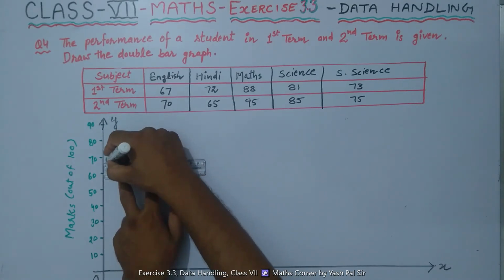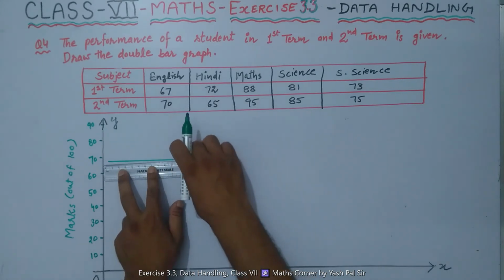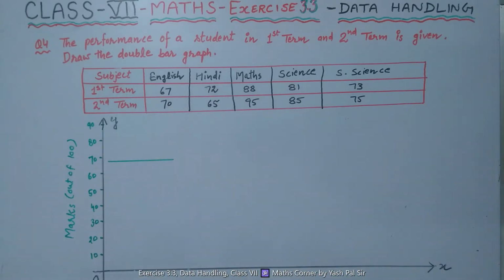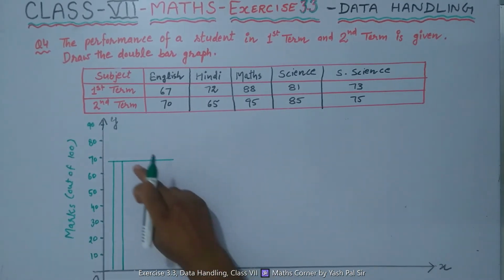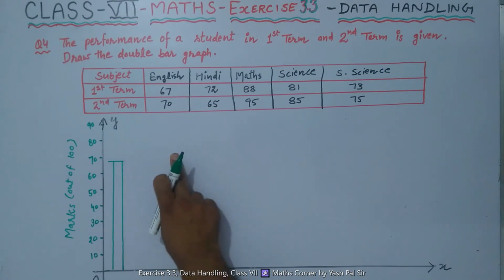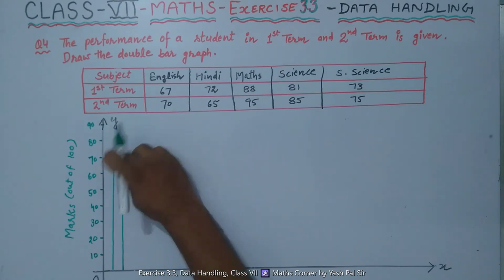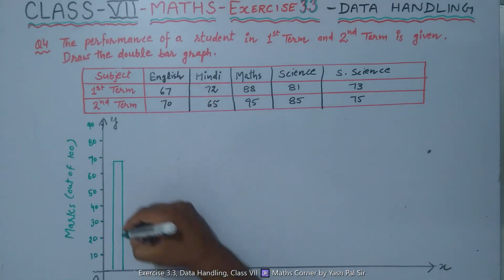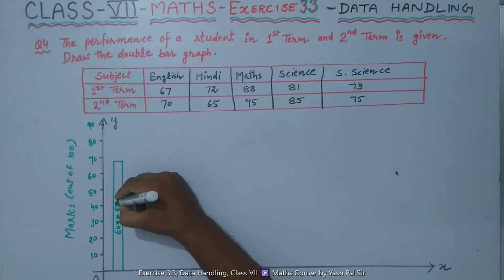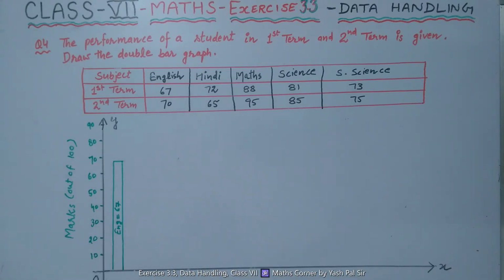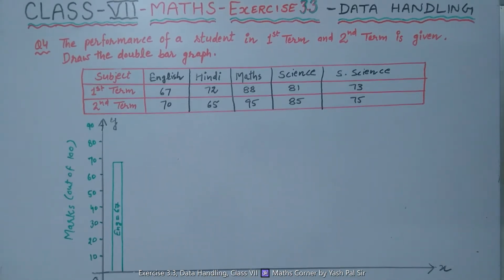So this line, almost here somewhere we have 67. So what we do now, I have drawn one bar here representing 67 marks in English. English 67 marks. Okay, double bar graph.